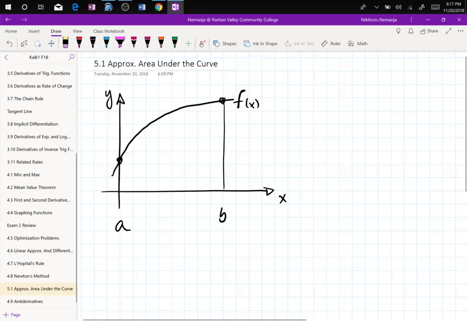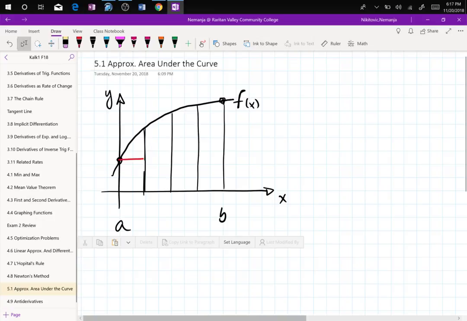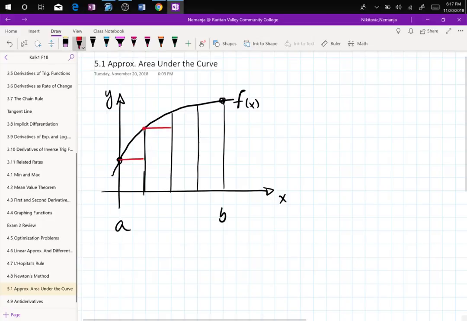What we are going to do is divide this into vertical strips like this, and then use the left corner touching the function to create rectangles.